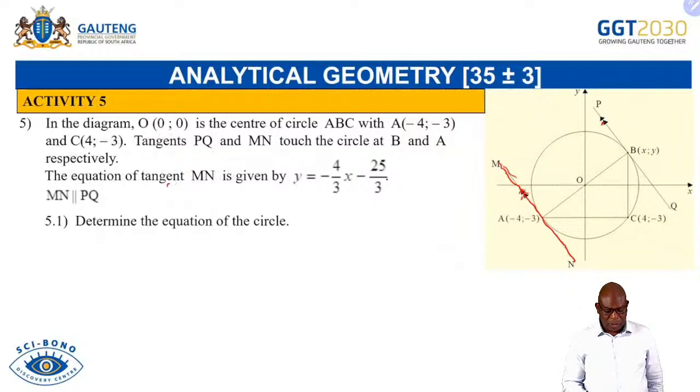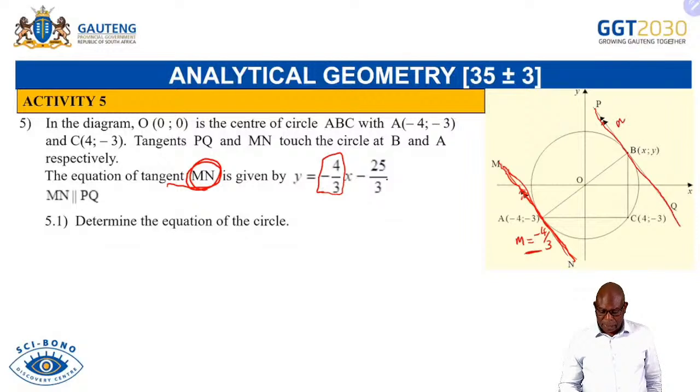The equation of that line MN is given. If I go to the equation, I already know what the gradient of that line MN is. So the gradient of line MN, I must just simply write it down. It's a decreasing function, so it is negative. So if the gradient of that line is minus 4/3, what will be the gradient of that line here? Because they are parallel. Parallel lines have the same gradient.